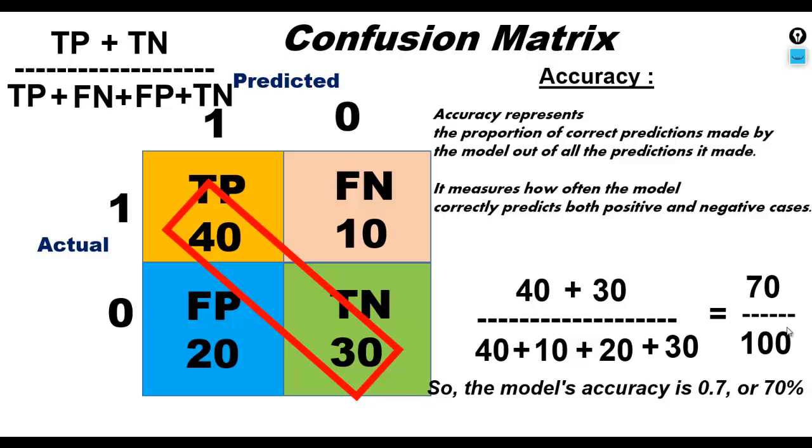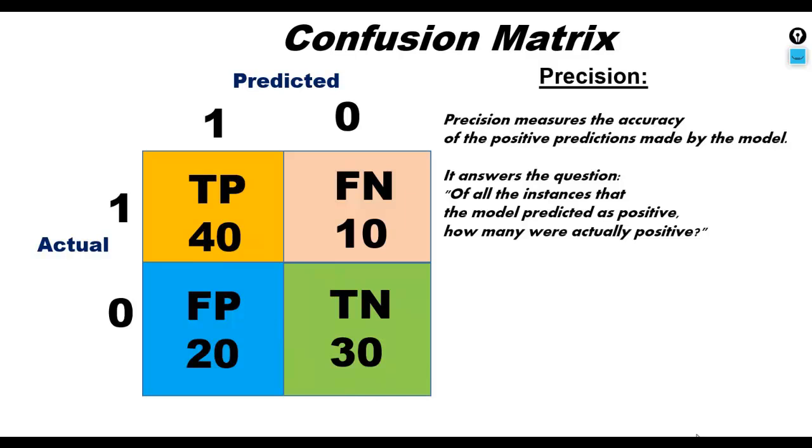Now let's move on. Now let's discuss precision, recall and F1 score. Please remember, precision, recall and F1 scores are calculated class-wise, per class, for the positive and negative classes separately.